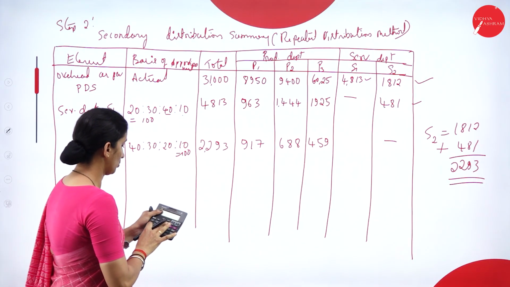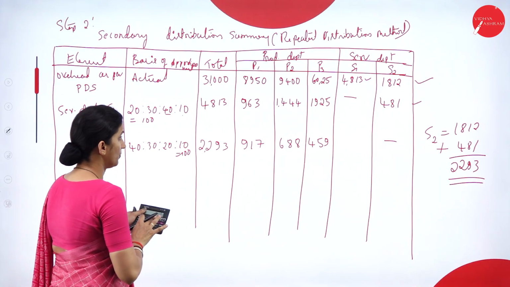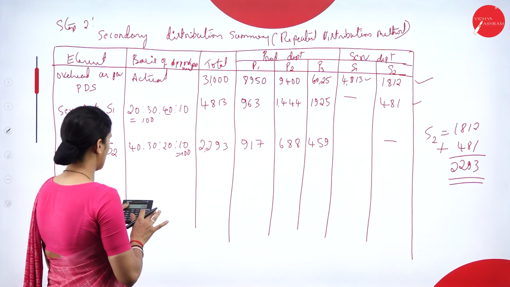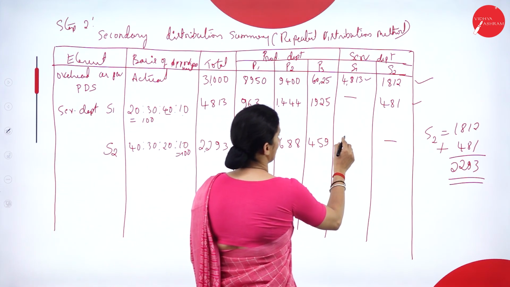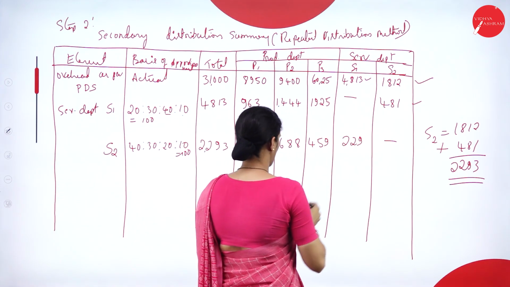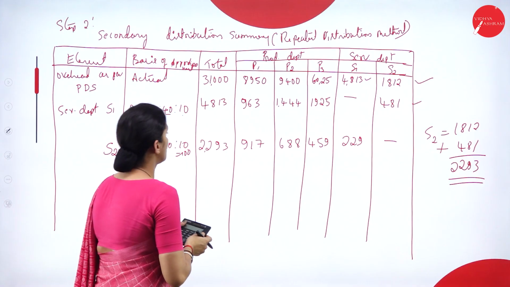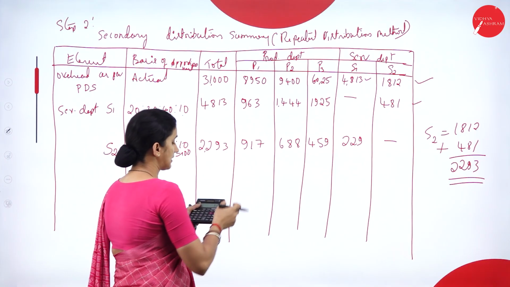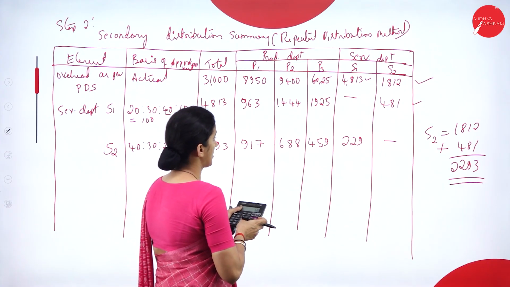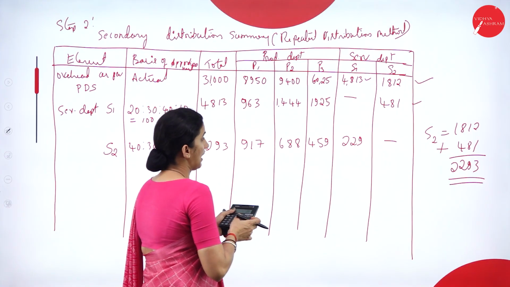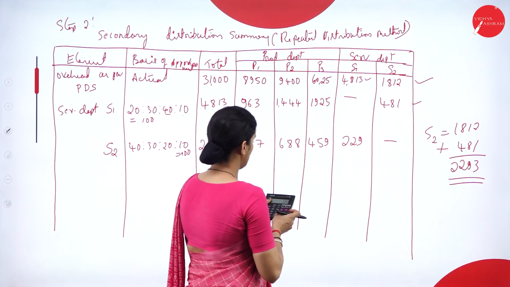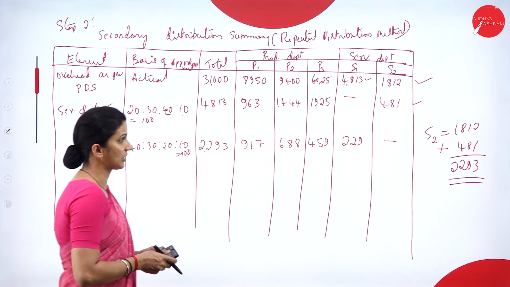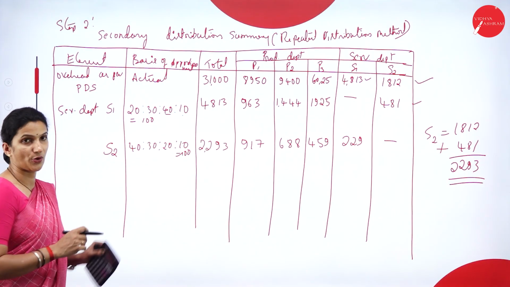Then 2,293 into 10 divided by 100 is 229. So the total comes to 917 plus 688 plus 459 plus 229, which equals 2,293.